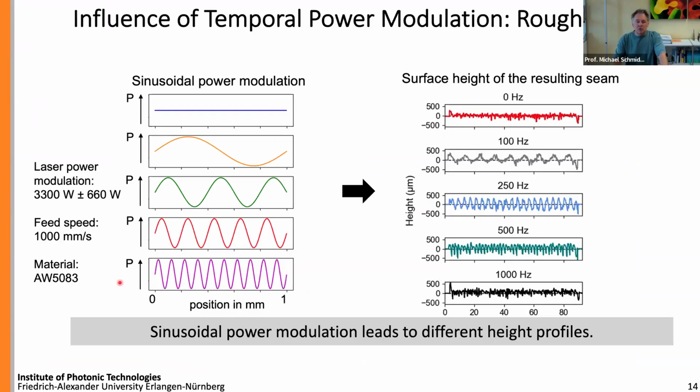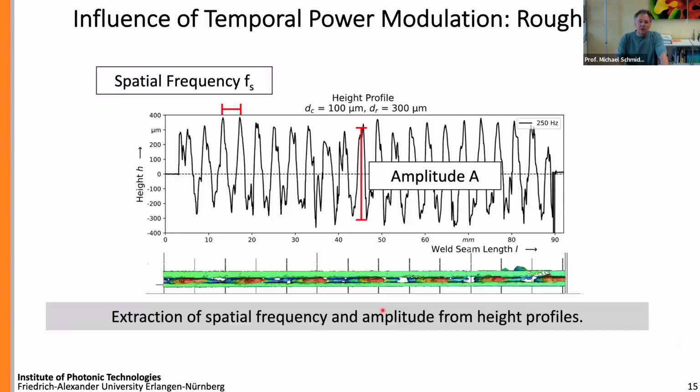We just did a temporal beam shaping with different frequencies in time that you can see here. And then we measured the roughness of the weld seam of the piece of metal that we melted. So we had the height profiles and we measured the amplitude, and out of the distance of the amplitudes and knowing what feed speed we had, we can calculate back which frequency this equals.